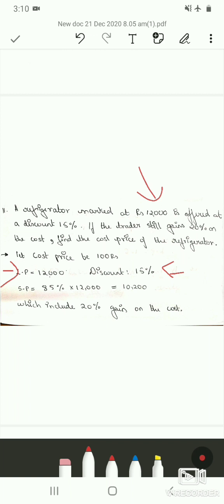So therefore the final net price or the selling price would be 100 minus 15, which is 85% of the marked price, that is 85% into 12,000, which is 10,200. Or else we can use the other method, that is 15 into the marked price, that is 15 into 12,000 divided by 100.